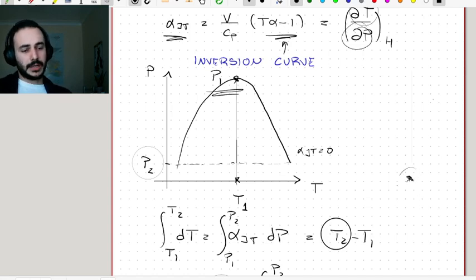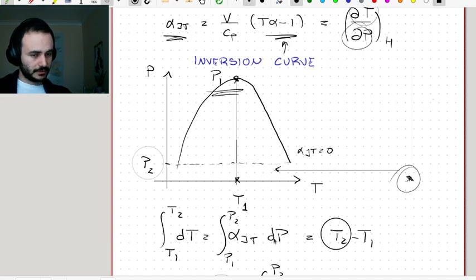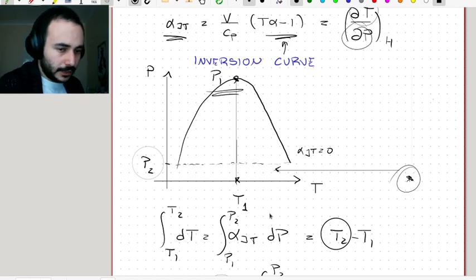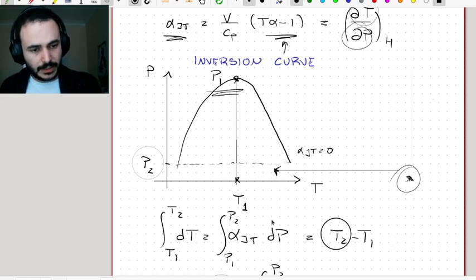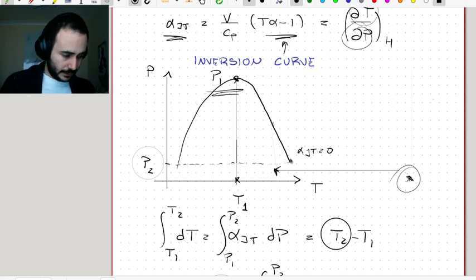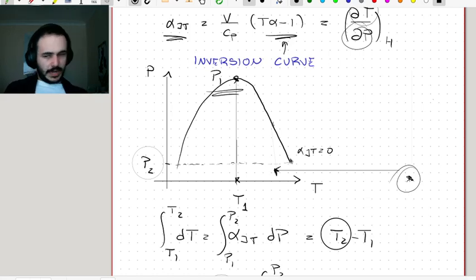So what I have to do with the hydrogen is to cool it down first so that it falls underneath the inversion curve, and I have to cool it with some other technique. I cannot use Joule-Thomson cooling, but once I have reached this area, then I can do Joule-Thomson cooling, and then I can cool the hydrogen even further. And this is what is done actually to liquefy hydrogen, which is possible, but it is complicated.